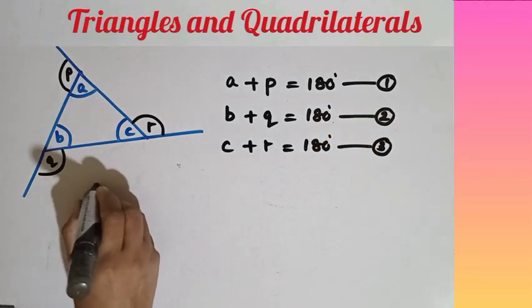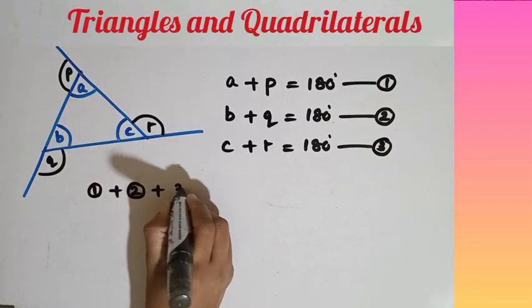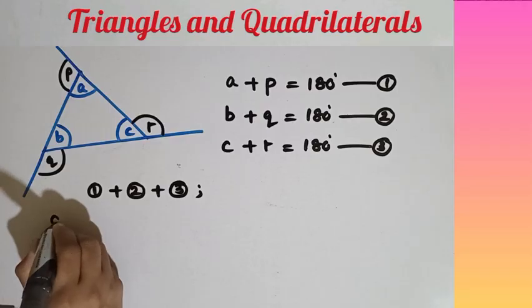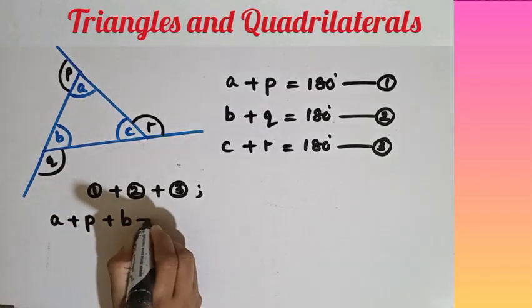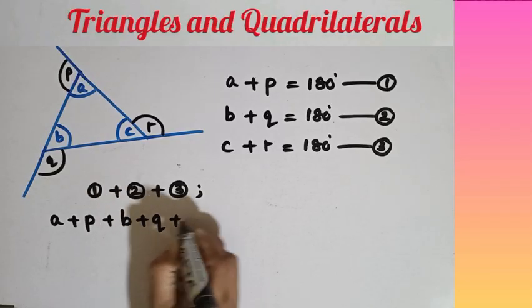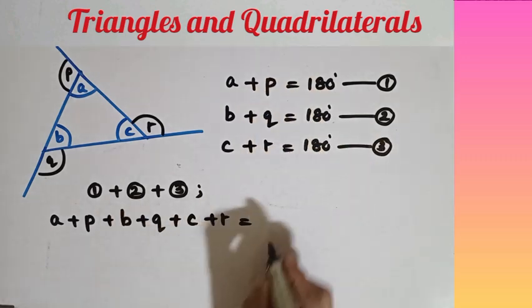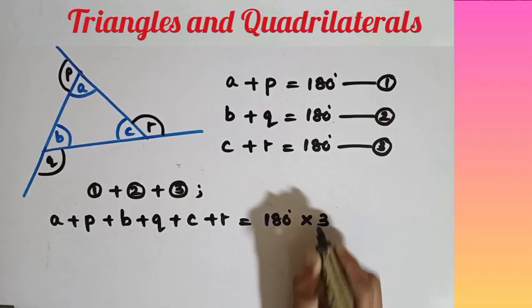Now we can add the three equations, 1 plus 2 plus 3. Here the left hand sides are added: A plus P plus B plus Q plus C plus R equals 180 multiplied by 3.